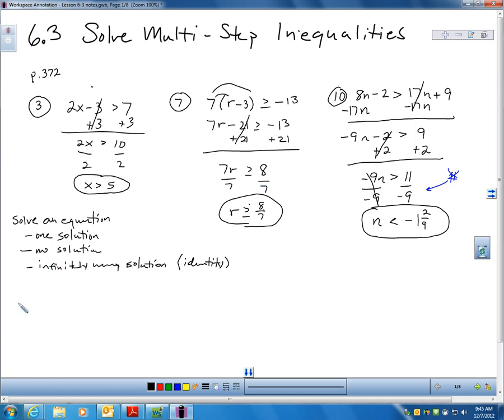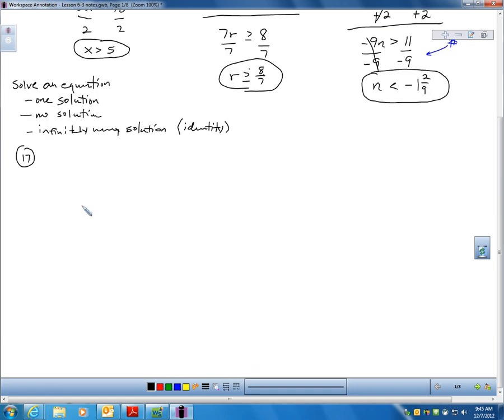So let's look at 17. And question 17, it says 3p minus 5 is greater than 2p plus p minus 7. Now, of course, we should try to simplify first.